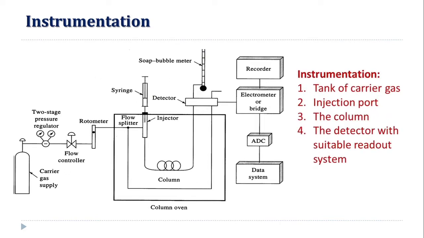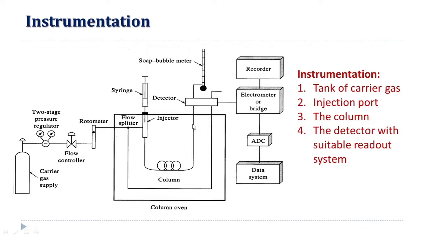Instrumentation of gas chromatography mainly includes a tank of carrier gas. This is the carrier gas cylinder. Then the injection port, where the sample is inserted into the column by using an airtight micro syringe. Then the column is an important part.